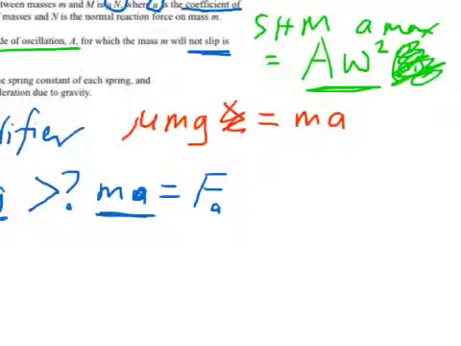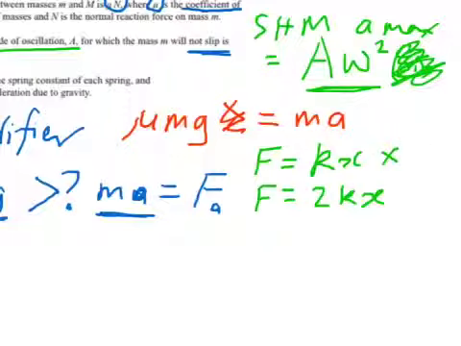It's also useful to look at the restoring force which produces this acceleration. So the maximum restoring force is going to be from our F equals kx. Let's just write that, F equals kx. Our restoring force is going to be F equals 2kx.